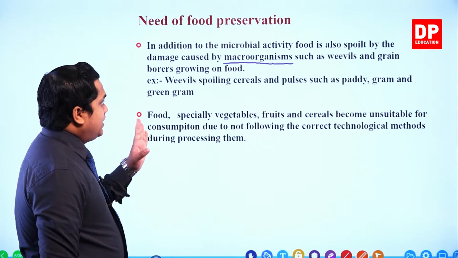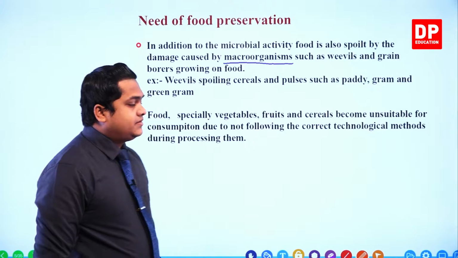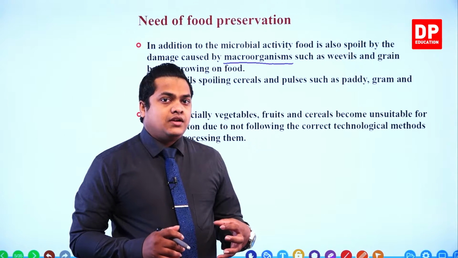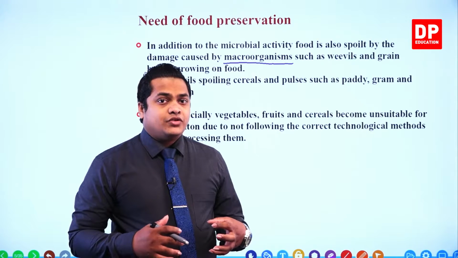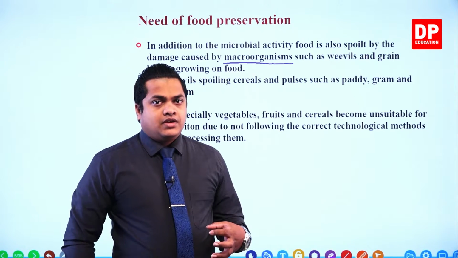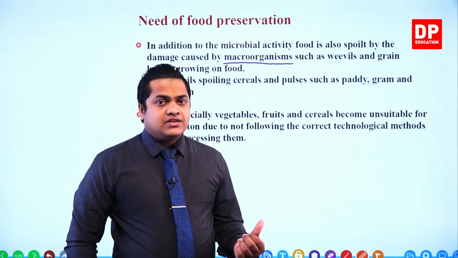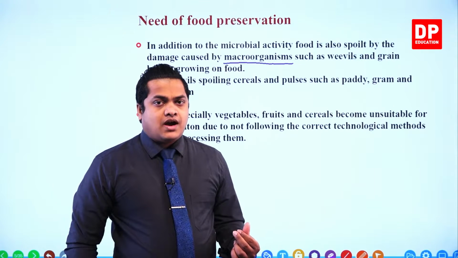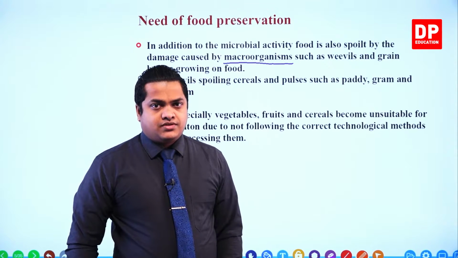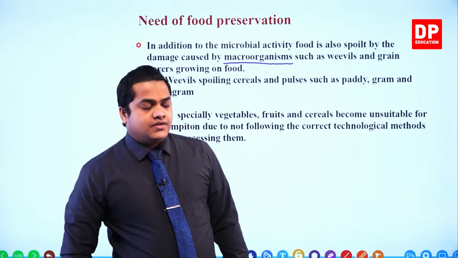Then here, as I said earlier, especially these are going to spoil pulses and grain types, weevils, right? Actually, they are consuming those things. So after they consume, we won't be able to consume those things. Okay, right?